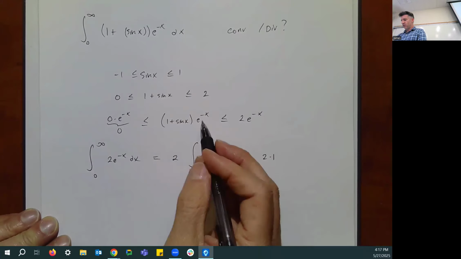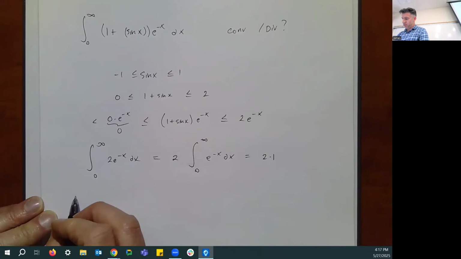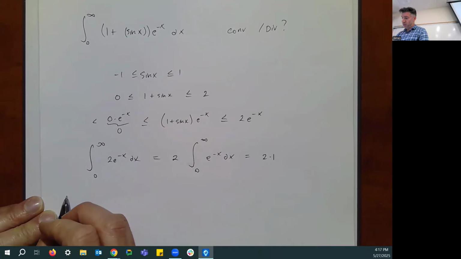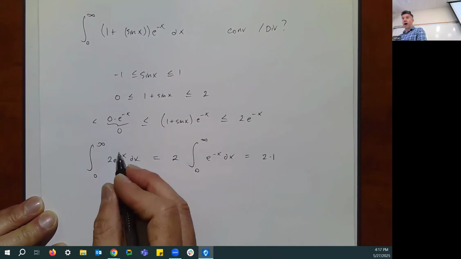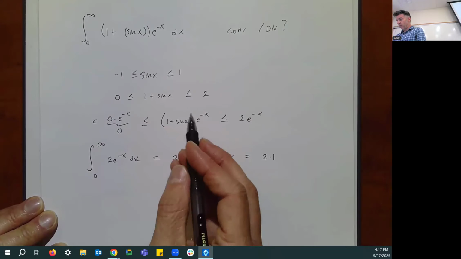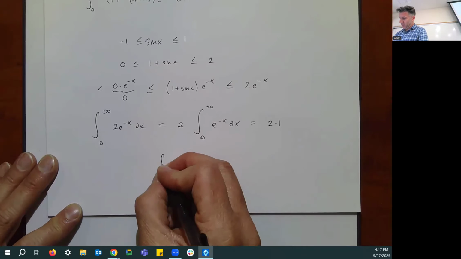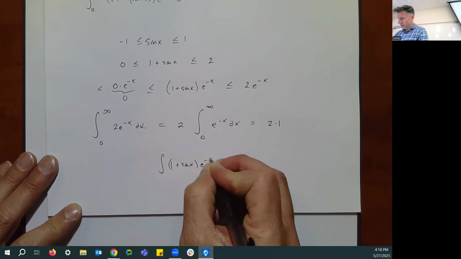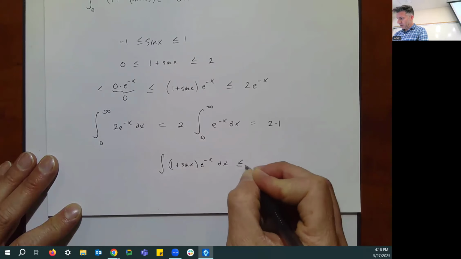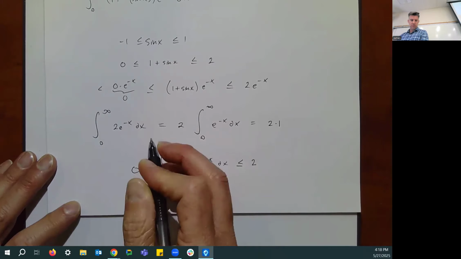So this integral, because this function is positive, this (1 plus sine x) e to the negative x is positive, so we can certainly say that the integral of (1 plus sine of x) times e to the negative x is less than or equal to 2 and bigger than or equal to 0.